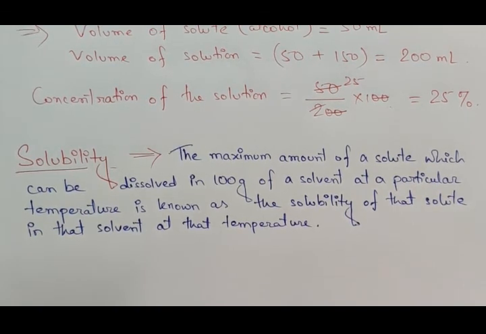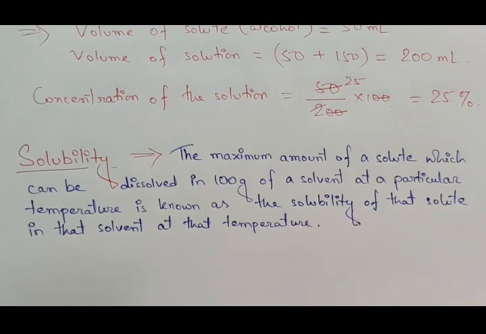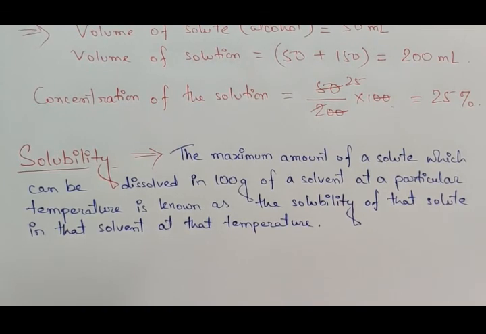Okay, now any substance or any solute which is negligibly soluble in a particular solvent, that means the solubility of a solute is almost nil in a particular solvent, in that case the substance is called the insoluble substance.